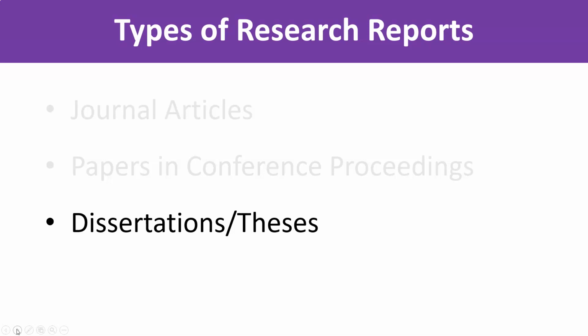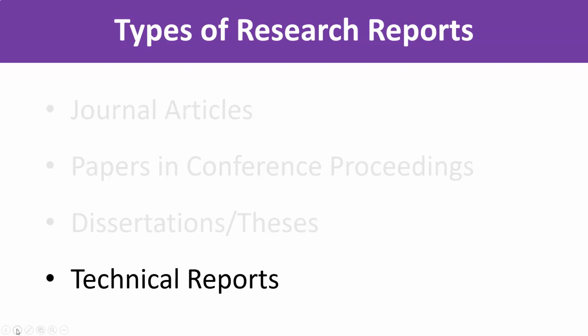In some institutions, theses are used for PhD project reports, while dissertations are used for master's project reports. But in some other institutions, it is the opposite, whereby dissertations are used for PhD project reports and theses for master's project reports. Whichever the situation is, you have to follow the convention or practice in your institution. But theses and dissertations are also another type of research report.